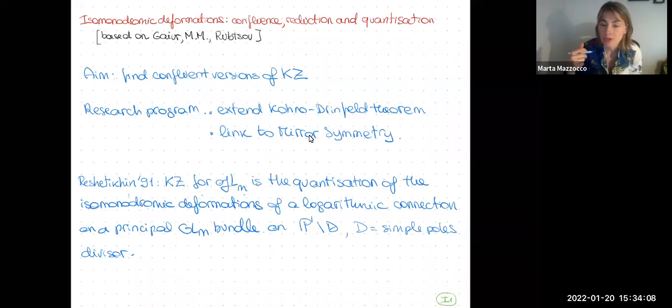And so for me, the motivation is that I did other work previously to study such quantum actions of braid groups and found relations with quantum cluster algebra. So it would be very nice to link this confluent KZ and quantum cluster algebra.